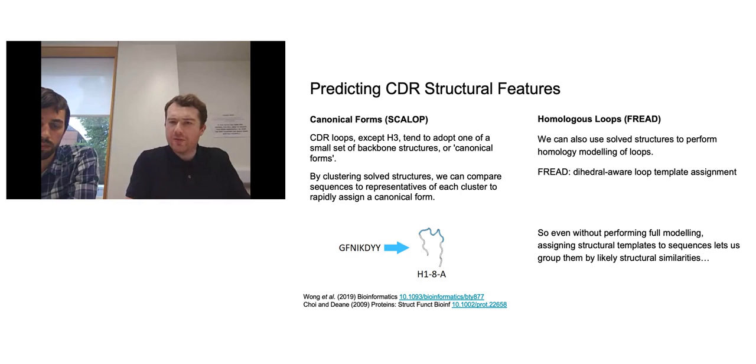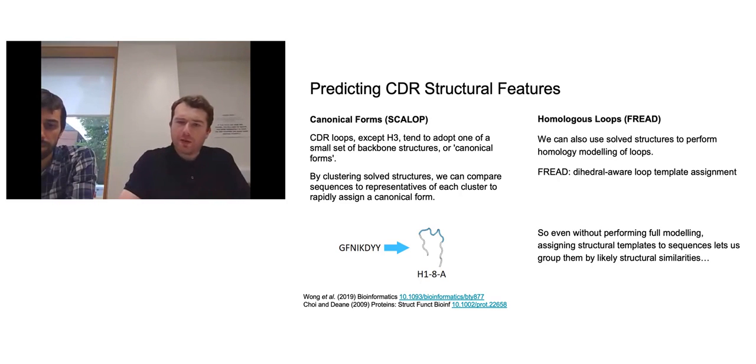What it does is a two-step process: one, identifying a likely homolog, and therefore a template for which you have a solid structure for a sequence, and then actually generating a homology model of your sequence. And so this works really well in cases where you have homologous templates available.